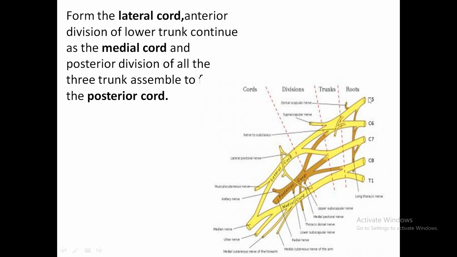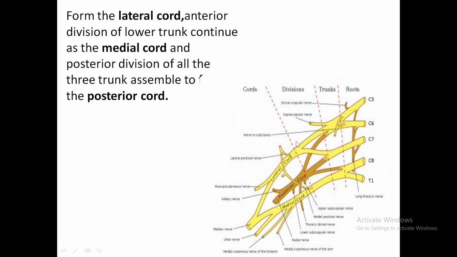Roots, there are 5 in number, cervical 5 to thoracic 1. Then trunks are divided into upper, middle and lower trunk. When cervical 5 root joins with the cervical 6, it forms the upper trunk, and when cervical 8 root joins with the thoracic 1, it forms the lower trunk. Cervical 7 continues as the middle trunk.